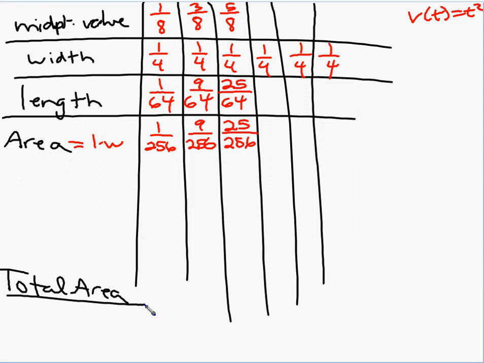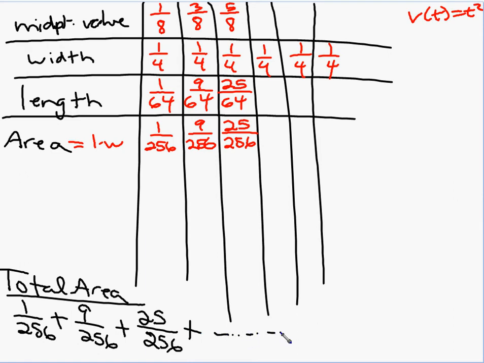The total area is going to be 1/256 plus 9/256 plus 25/256, right? Plus all the other ones clear up to region 12, or rectangle 12, right?